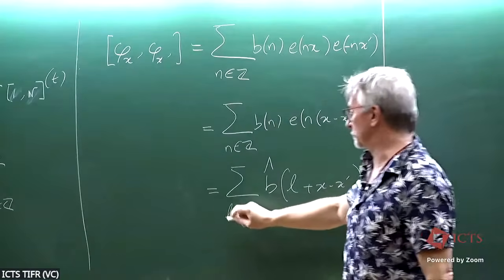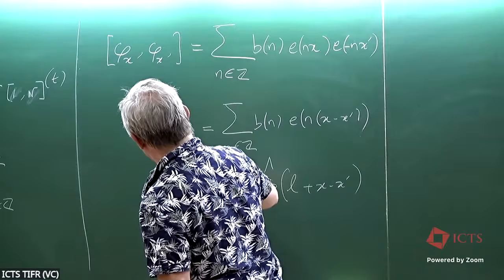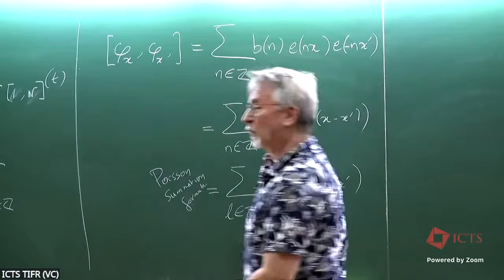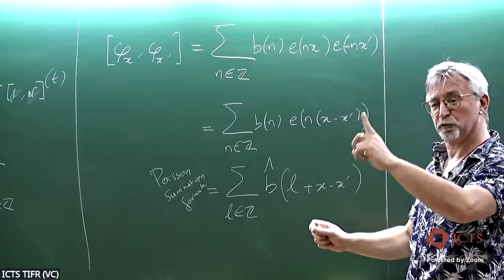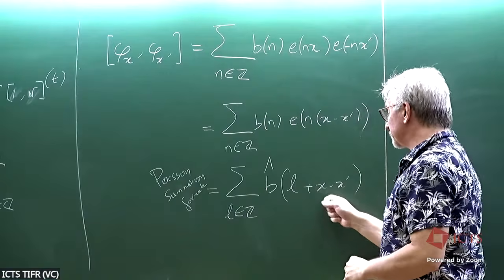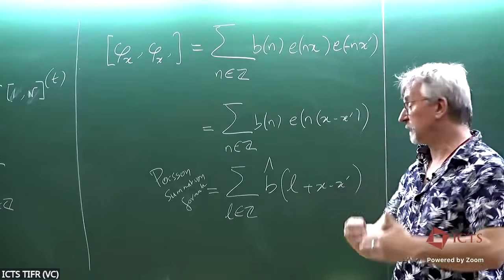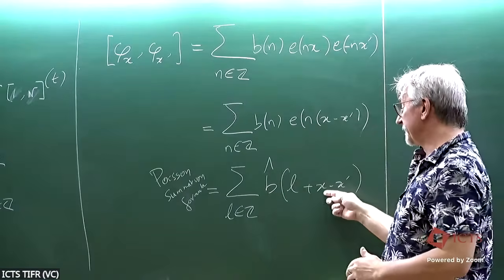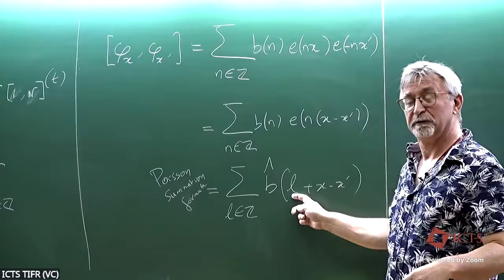Fourier transform, that's the Poisson summation formula. Now these are integers. You have L equal to 0, L equal to 1, L equal to 2. 0 plus a bit of something. If x is different from x prime, this little something is larger than delta. But the support of this Fourier transform is inside delta. So if x is different from x prime, this function is 0 at L equal to 0, L equal to 1, and so on.